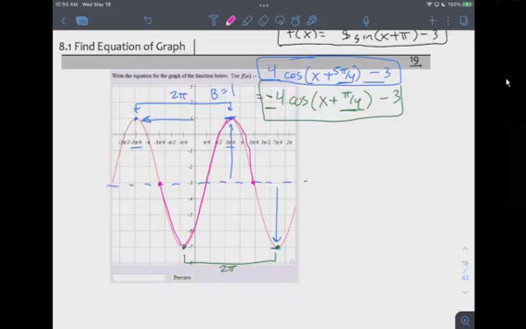Okay, so there is one cycle of my wave. And I do see that that goes from negative 3 pi over 4 to 5 pi over 4, which is 8 pi over 4, 2 pi. Again, we anticipate the period is going to be the same no matter which group you take. So my b value is 1.